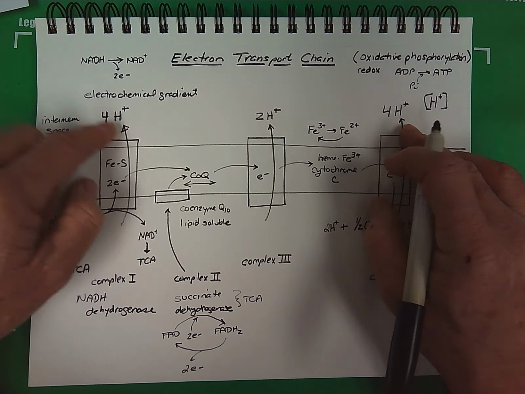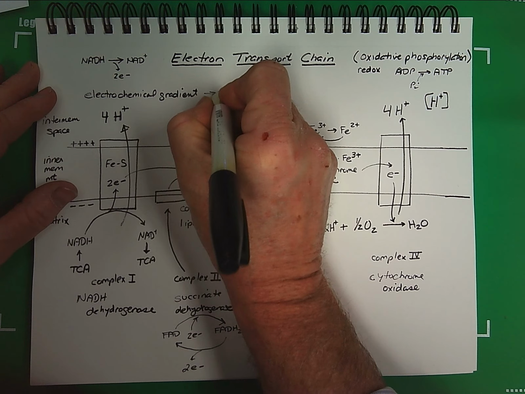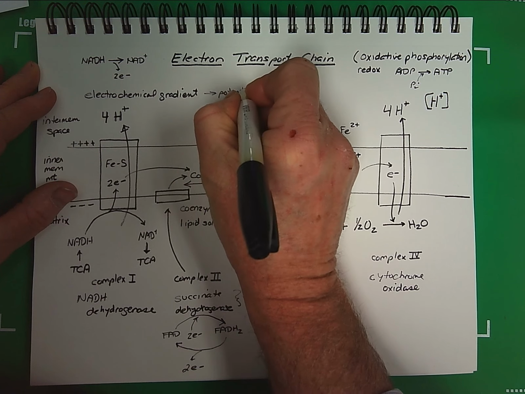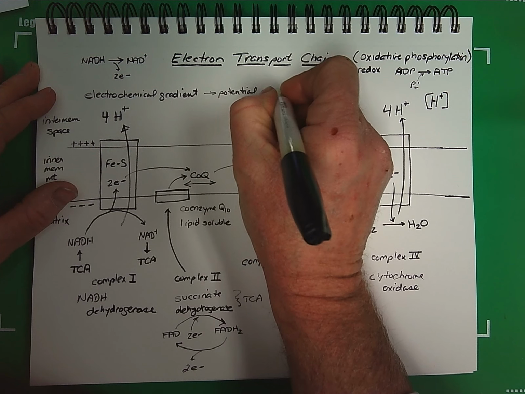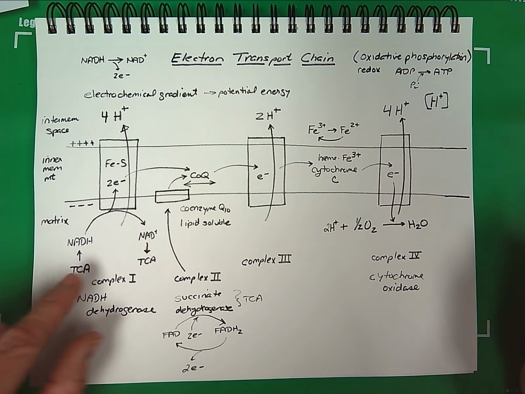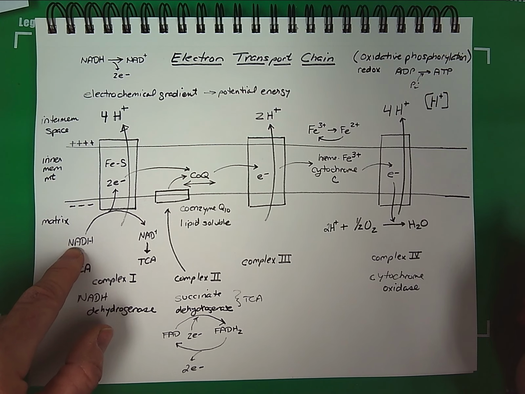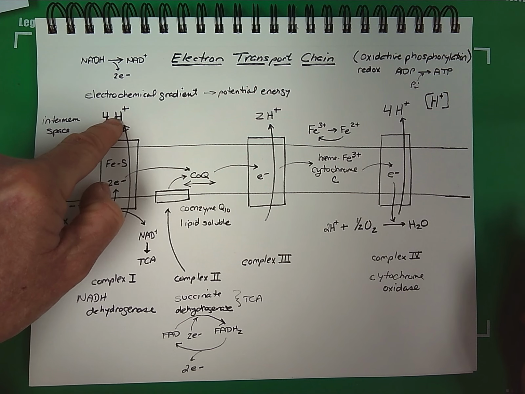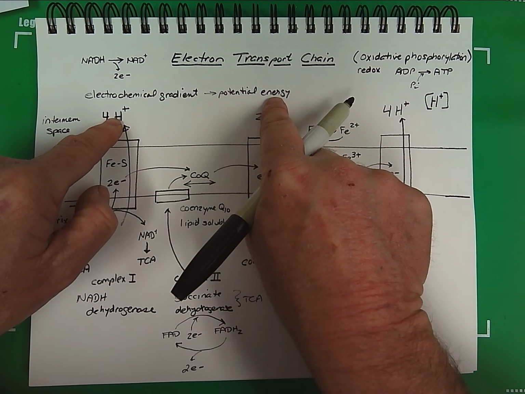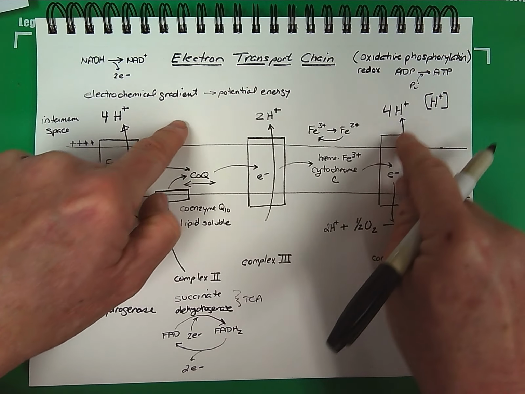The gradient can be considered potential energy. So we are storing the energy from our oxidation of glucose into NADH, and then we are using this energy to transform it and store it as potential energy in an electrochemical gradient of protons.